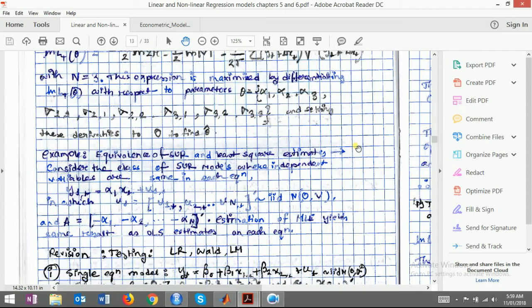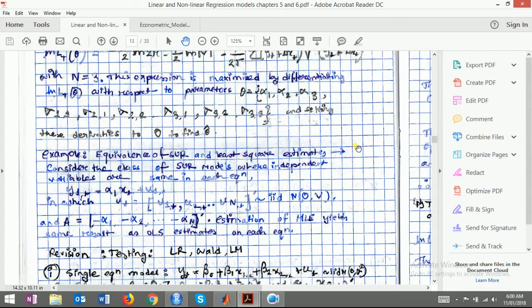The equivalence of seemingly unrelated regression and least squares estimates is considered for the class of seemingly unrelated regression models where independent variables are the same in each equation, and y1t equals alpha 1 xt plus ut, in which the residual ut equals u1t, u2t up until unt, the error vector, is IID with 0 mean and V standard deviation, and A is minus alpha 1, minus alpha 2 to minus alpha n that we have already seen.